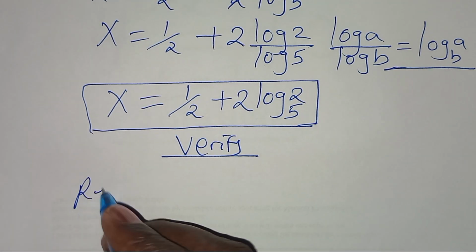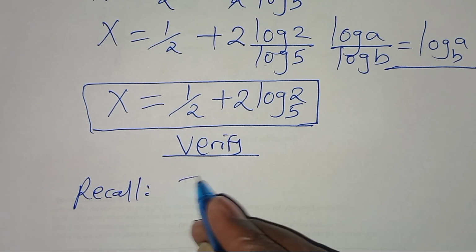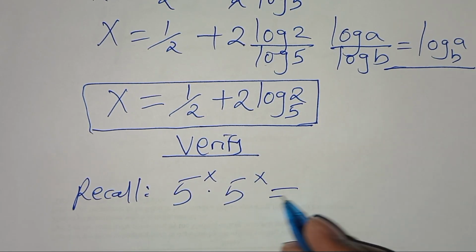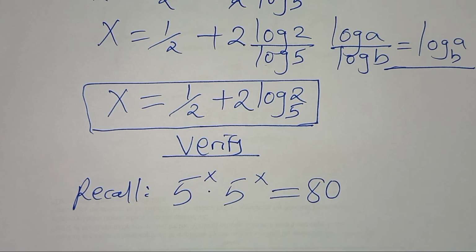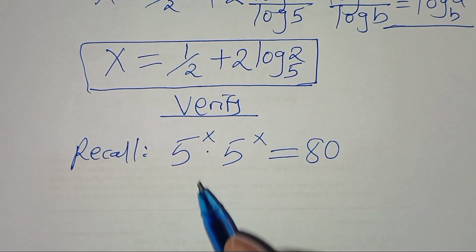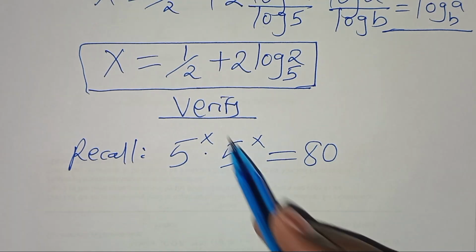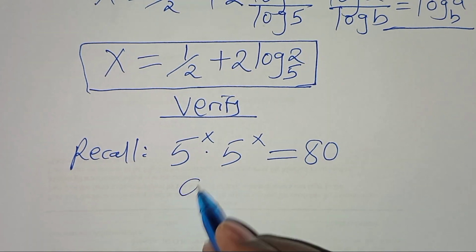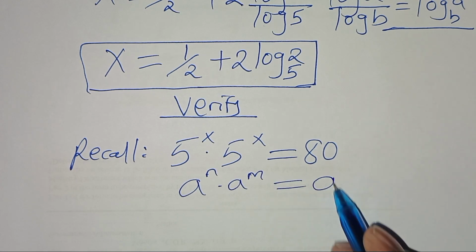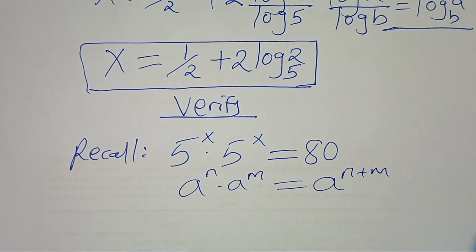Now if you recall, we had that 5 to the power x multiplied by 5 to the power x should give us a value of 80. So now from here, we find that 5 to power x times 5 to power x is in the form of a to power n times a to power m, which we can express as a to power n plus m.